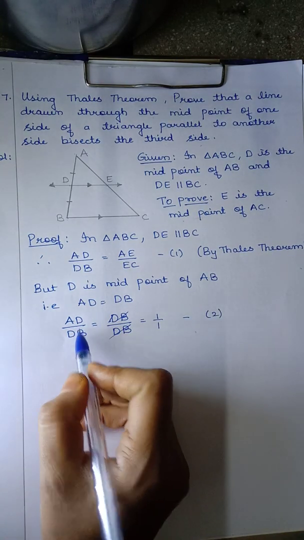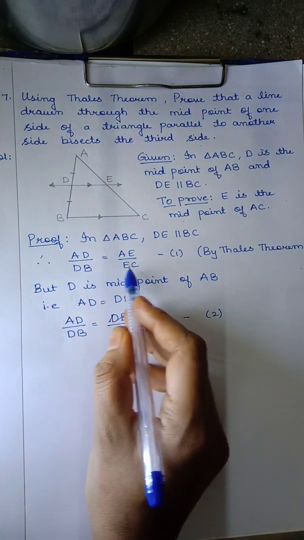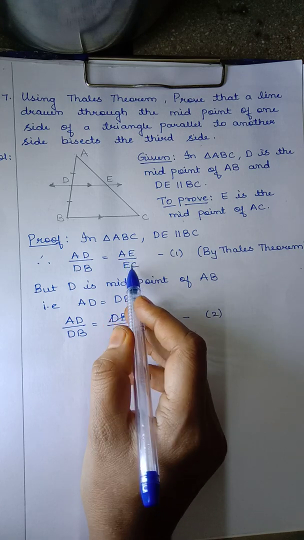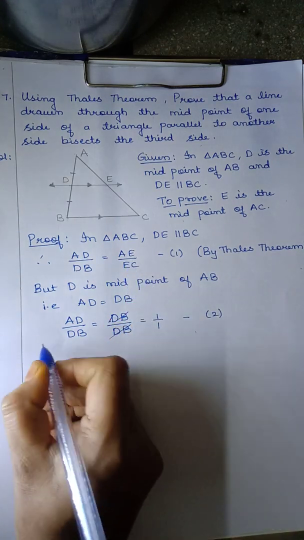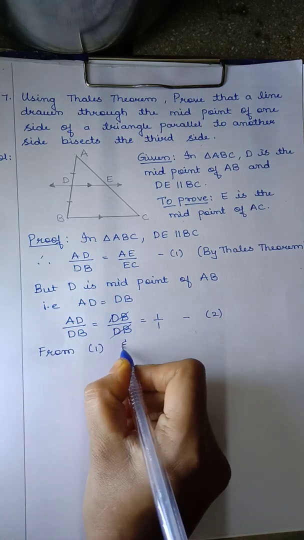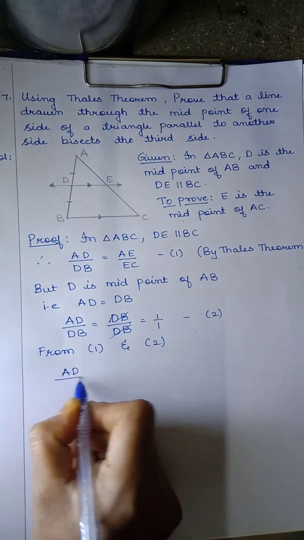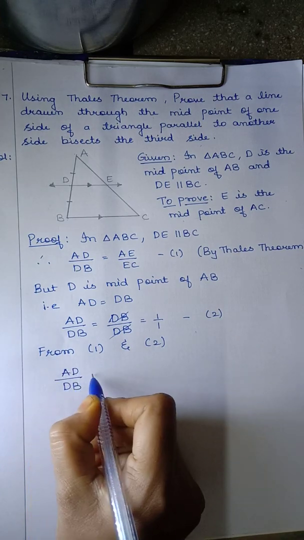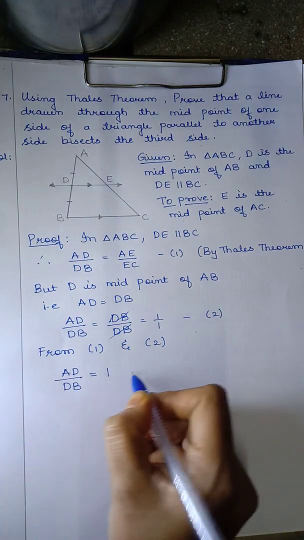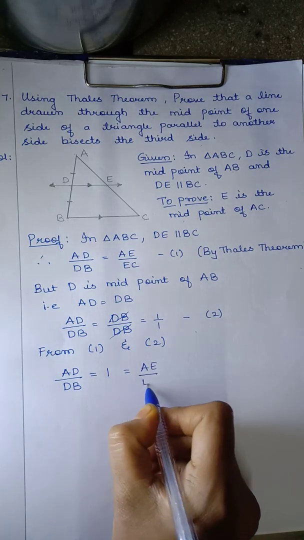Now AD by DB we got equal to 1, and AD by DB is equal to AE by EC. So we can also write AE by EC is also equal to 1. So from 1 and 2, AD by DB is equal to 1 and AD by DB is nothing but equal to AE by EC.